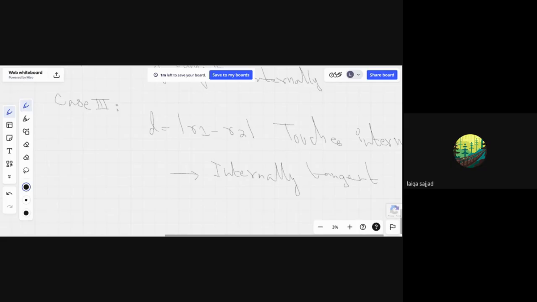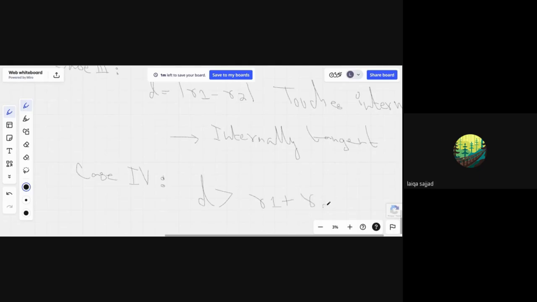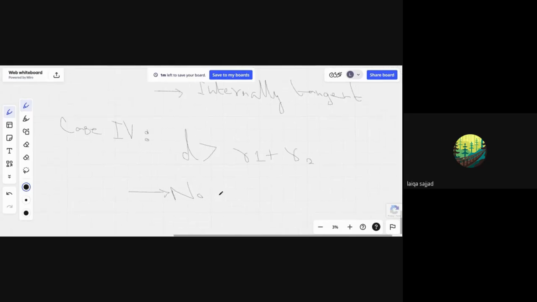If d is greater than the sum of them, it represents that there is no intersection and they are far apart from each other.